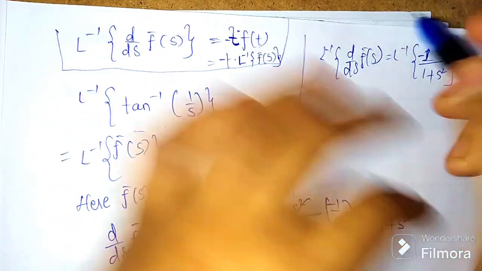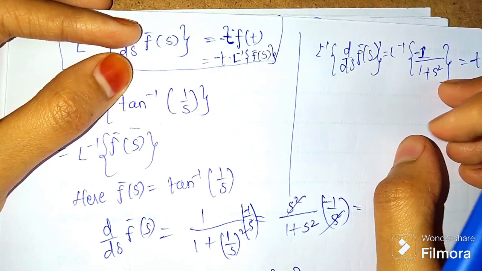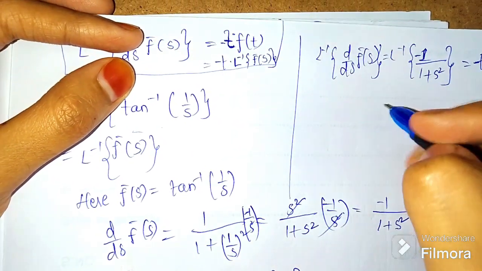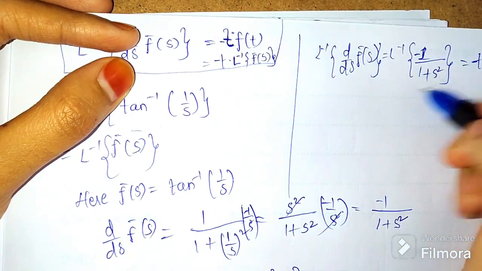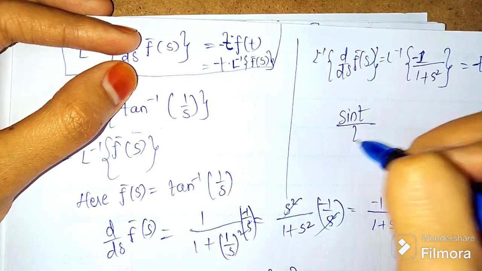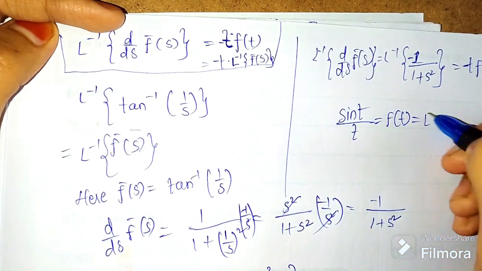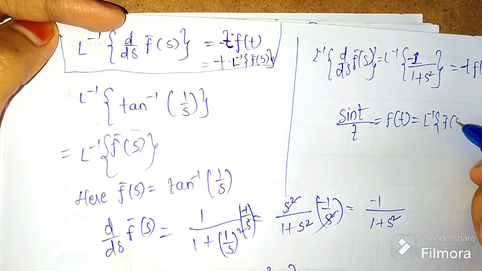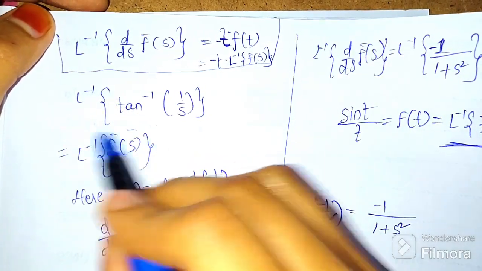So now what is Laplace inverse of 1 by 1 plus s square? Sine t, no? So let's write, minus minus gets cancelled. So I'll get this side sine t. I'm bringing t this side, which is equal to my f of t. What is my f of t? Laplace inverse of f bar of s. So this is the question, Laplace inverse of f bar of s.